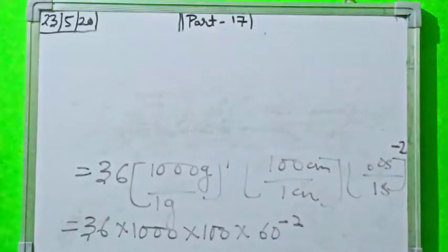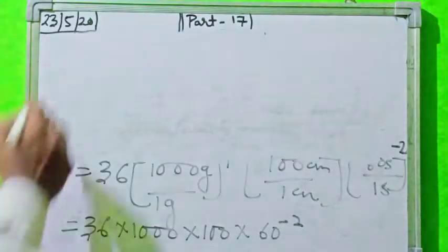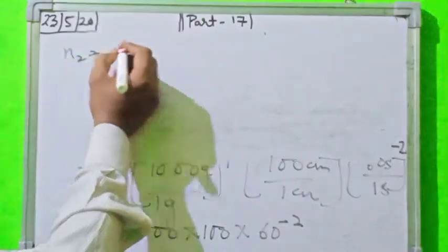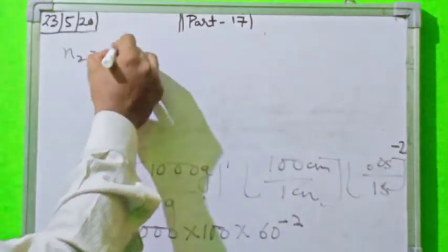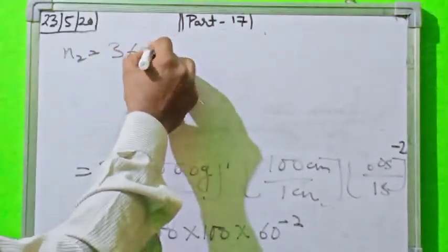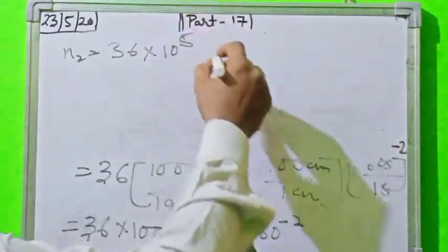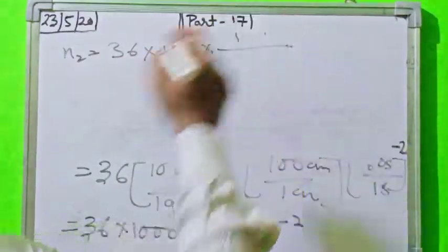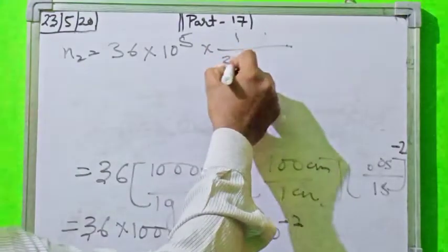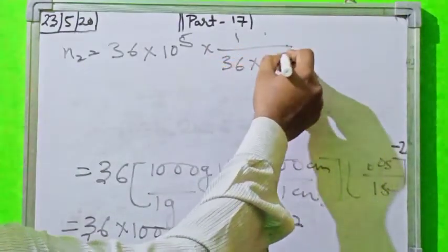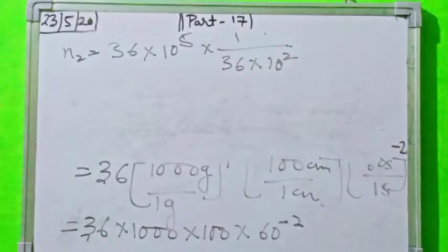And from here we can write N2 is equal to 36 into 10 to the power 5 into 1 upon 3600.